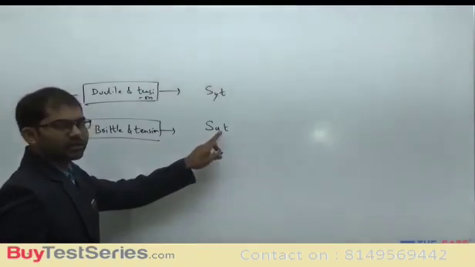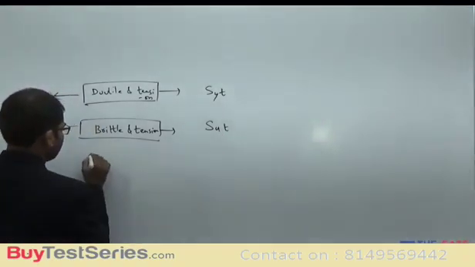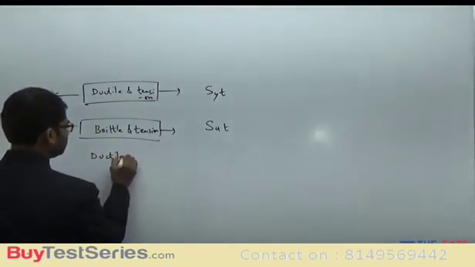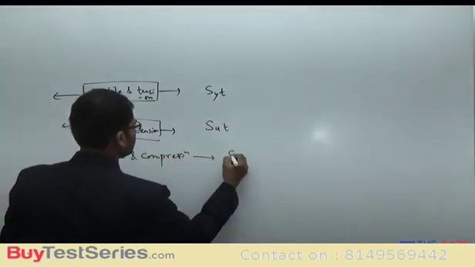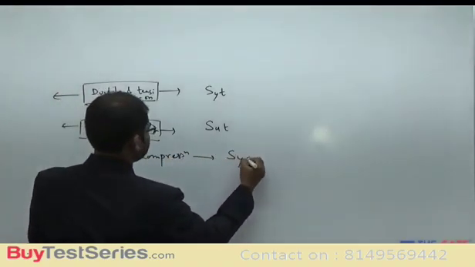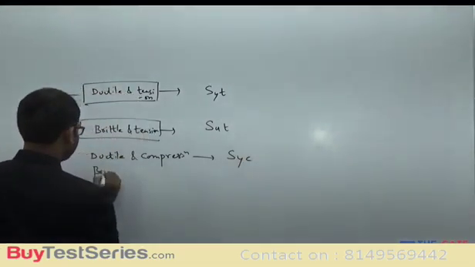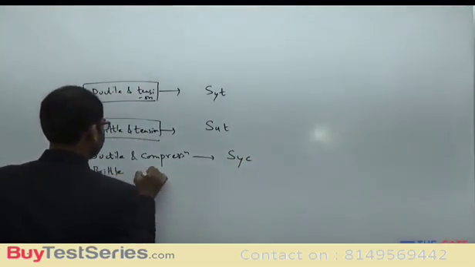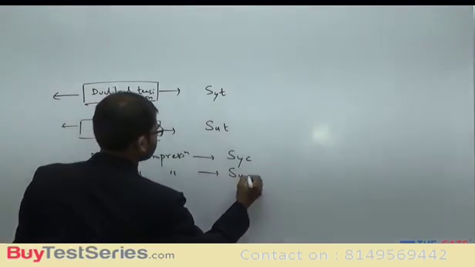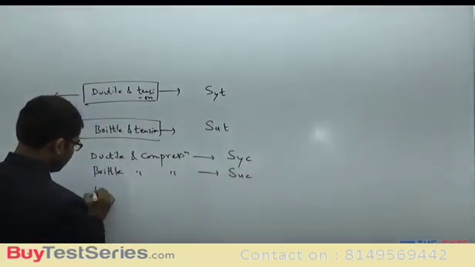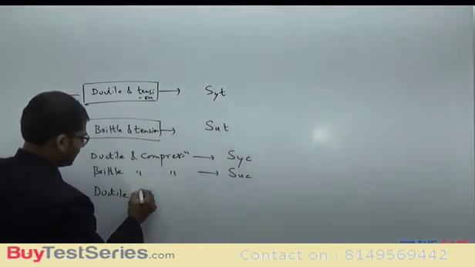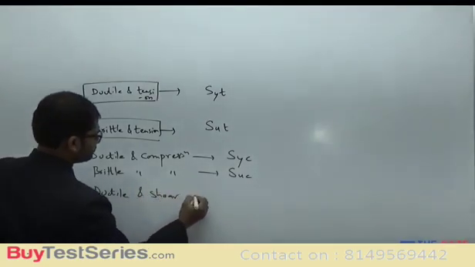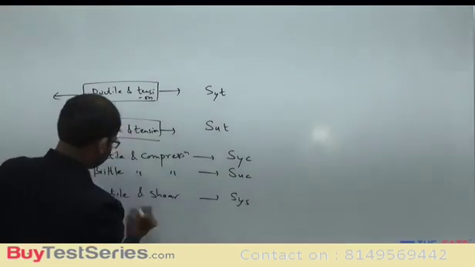In the same way, if you have ductile under compression, it is denoted by SYC. Next one is brittle and compression, which will be SUC. In the same way, if there is ductile under shear loading, it is SYS.